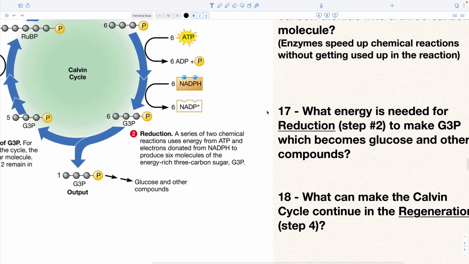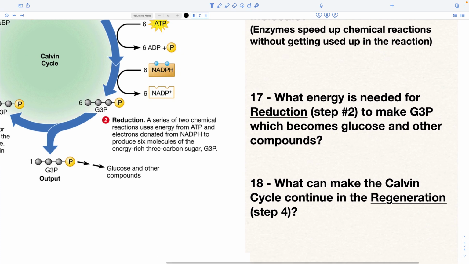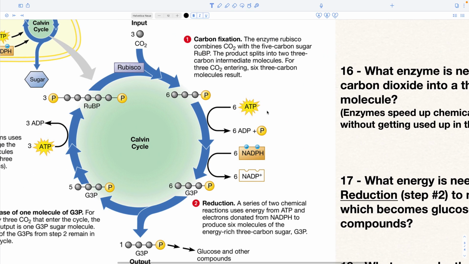All right, now question 18. Since this is a motor that has to spin, we've only turned it halfway. So in order to get from here back up to the top so that you can bring in another carbon dioxide, you have to regenerate this molecule right here into that one. What is needed? Energy that you made in the light reactions.